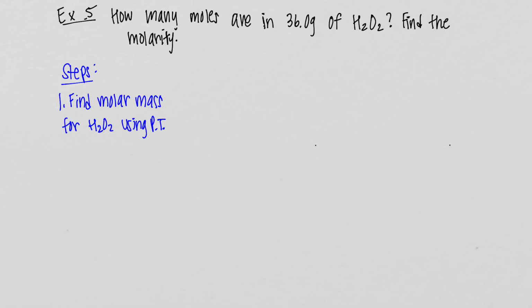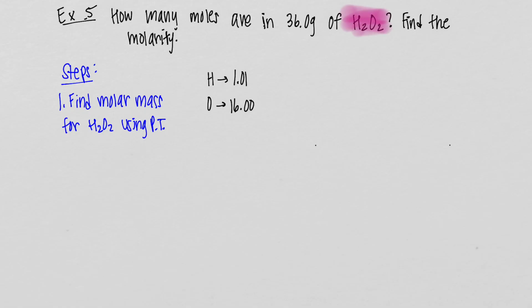So a little recap. We have hydrogen and oxygen, right? You're going to go to the periodic table and look for those elements, and underneath those elements, that number with the decimal point, that's the atomic mass. So if you look for hydrogen, it's 1.01. And if you look for oxygen, you're going to see that it's 16.00. And now you have to look at the formula that we got here, H2O2.